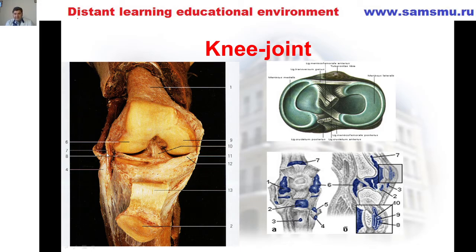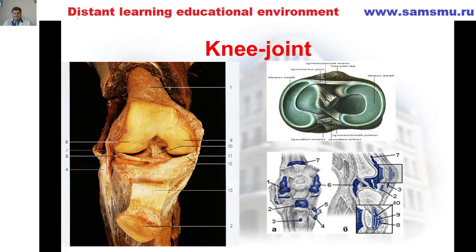Ligamentum collaterale laterale, you may see on this picture, passes on the lateral side between the lateral epicondyle and the fibular head. The fibular collateral ligament has the shape of a round cord, which is not attached to the articular capsule, but is separated from it by a pad of fat.